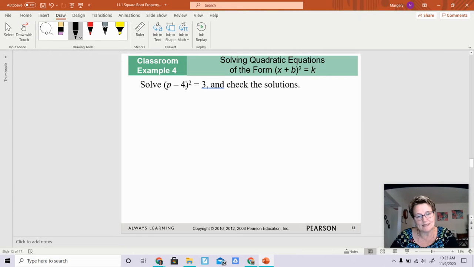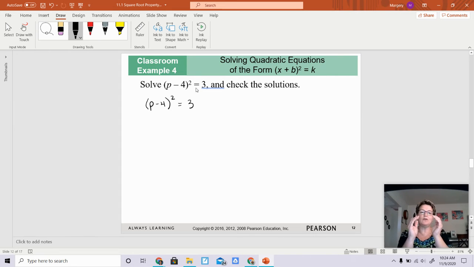Now, if you notice, this p minus 4 is inside of a parentheses. That means it's already by itself. There is nothing in front of it and nothing behind it. So I have p minus 4 squared equals 3. There is only a 1 here, and there's nothing behind the quantity p minus 4 squared.